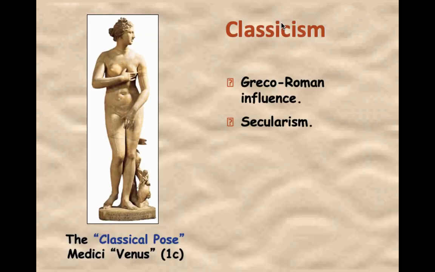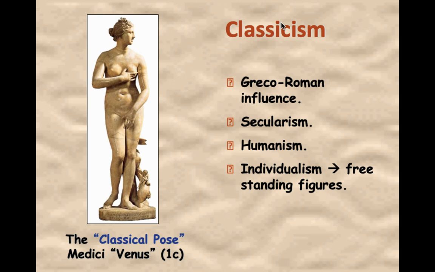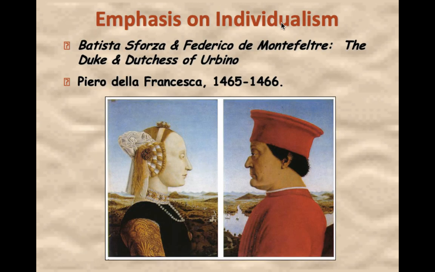And so then we have this again, Greek and Roman influence, secularism, humanism, an individual, freestanding, the power of an individual. That's humanism. Symmetry and balance. Again, a lot of portraits, and again, symmetry and balance.